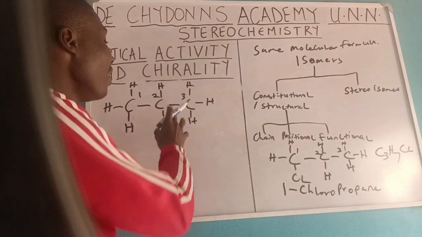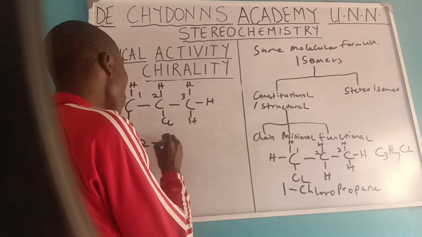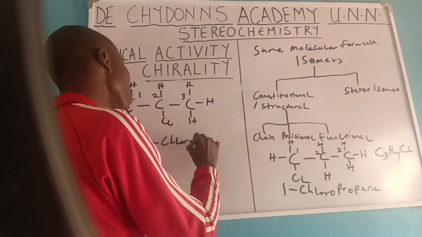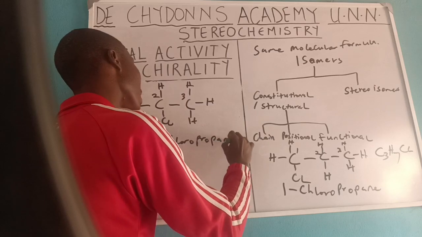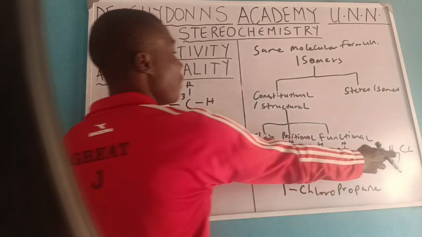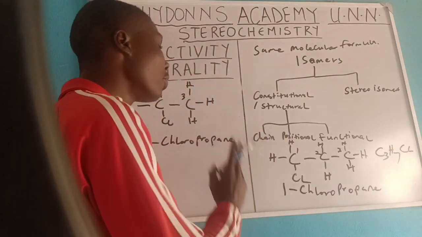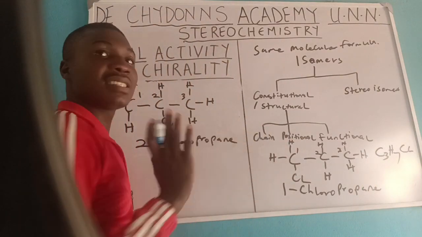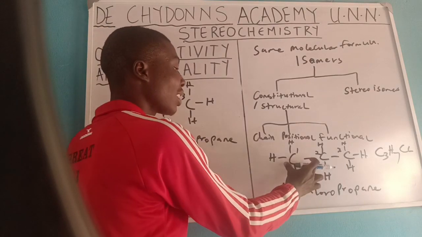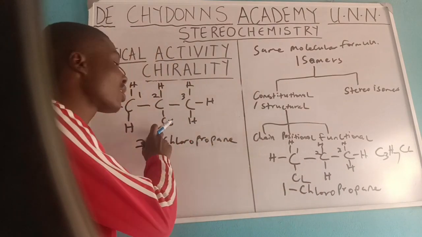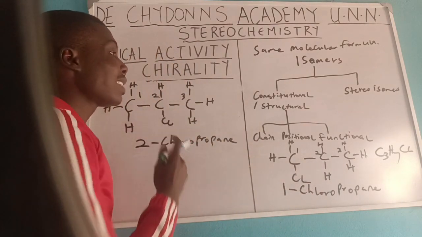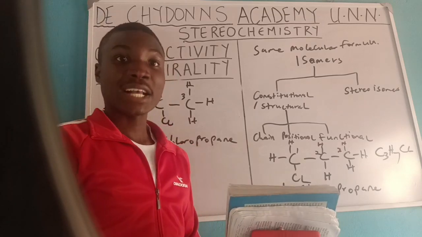So this particular arrangement is going to be referred to as 2-chloropropane. Now, the two of them have the same molecular formula C3H7Cl, but the positions of the functional group are different. Here we have it on carbon number 1, while here we have it on carbon number 2. So that is that about positional isomerism.